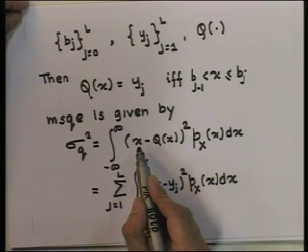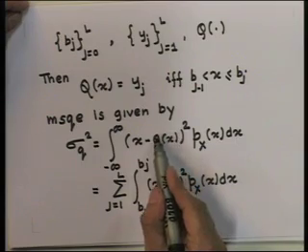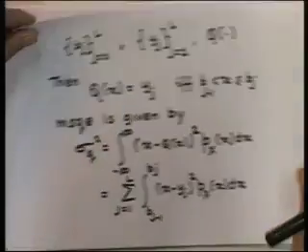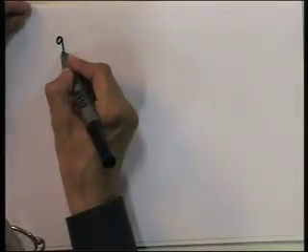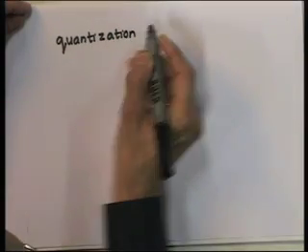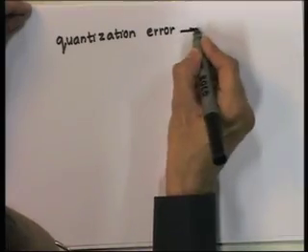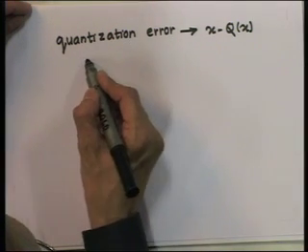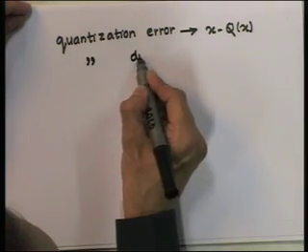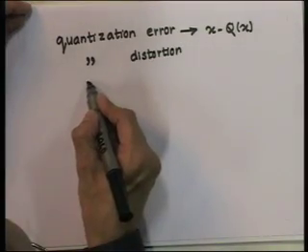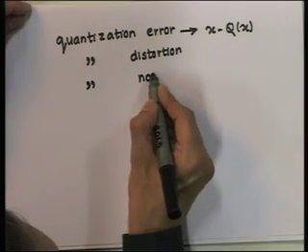The difference between the quantizer input x and output y, equal to Q(x) minus x, is referred to as the quantization error. Or it is also known as quantization distortion, or more popularly known as quantization noise.